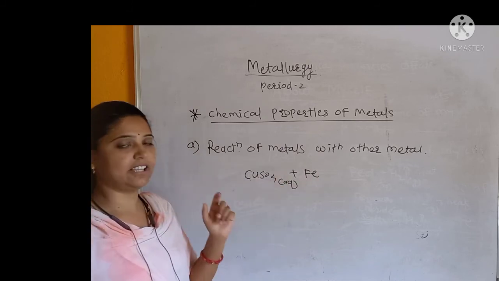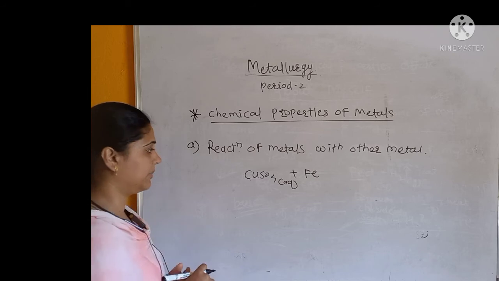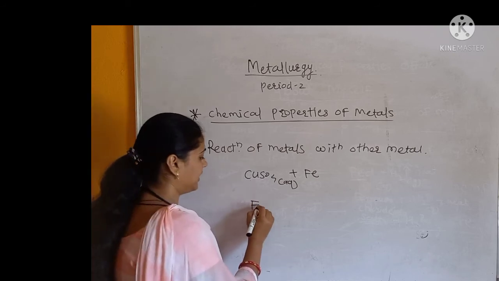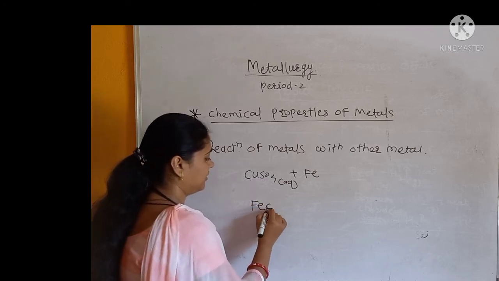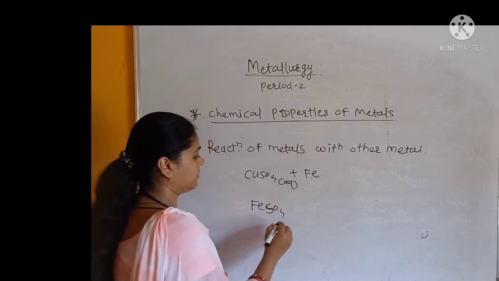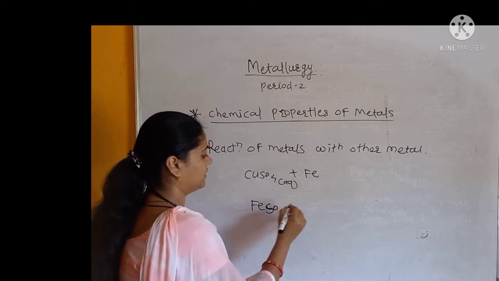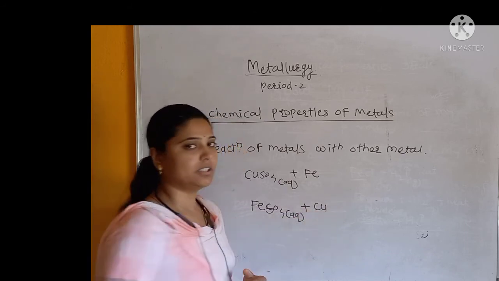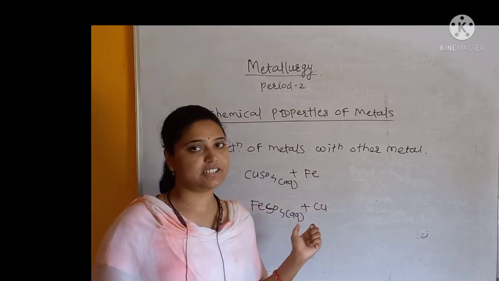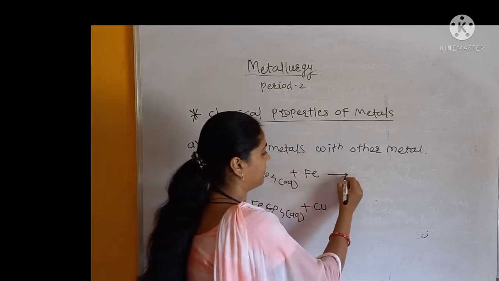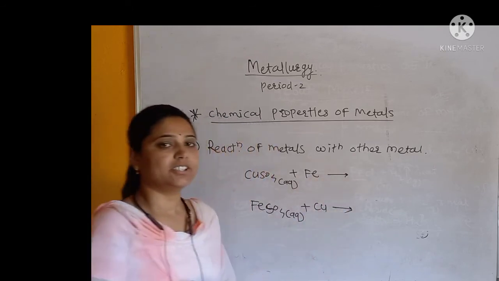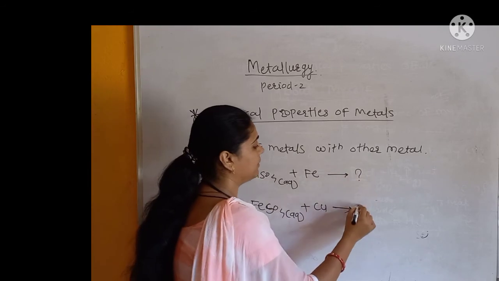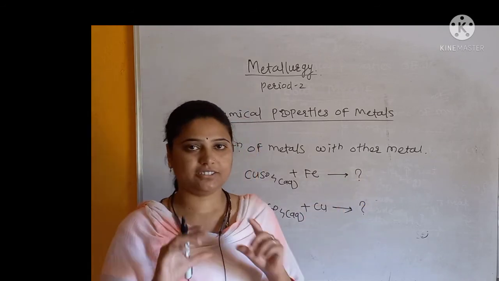Which type of reaction is happening? Or sometimes we take ferrous sulfate solution, FeSO4 aqueous solution, and we dip a copper wire in this test tube. Which type of reaction is happening? Tell me the answer in the comment box.